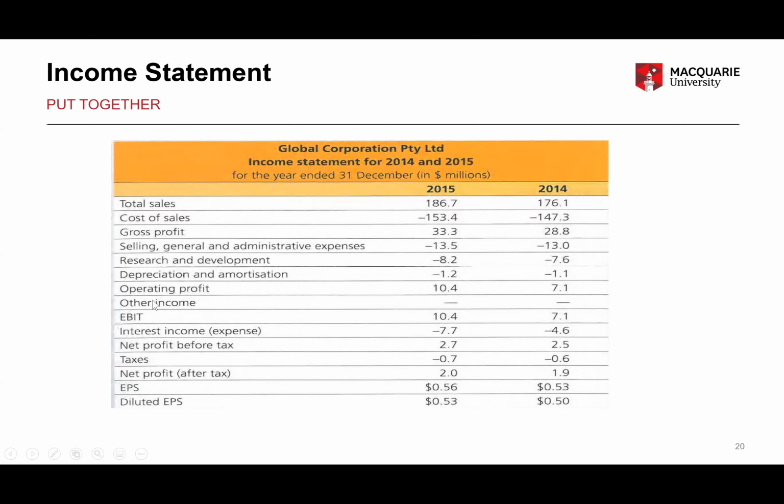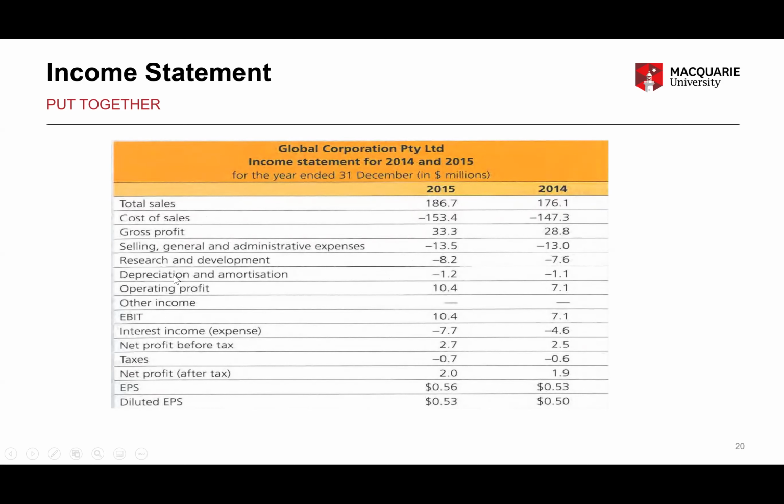So let's just have a closer look at this comprehensive example here. So here's our sales, less our cost of sales gives us gross profit. Subtracting selling, general and administrative expenses. This business has research and development, depreciation and amortization. So depreciation relates to the physical assets.